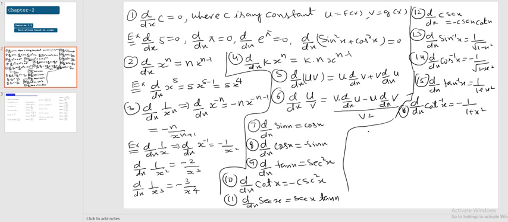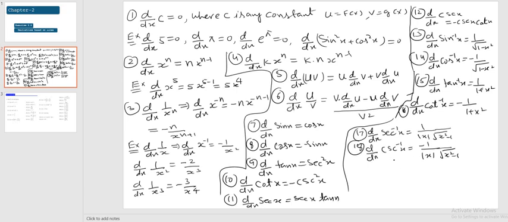And then d/dx of sec inverse x is 1 divided by mod of x into square root of x square minus 1. Similarly, d/dx of cosec inverse of x is the same but with the negative. Write it the same and put only a negative.